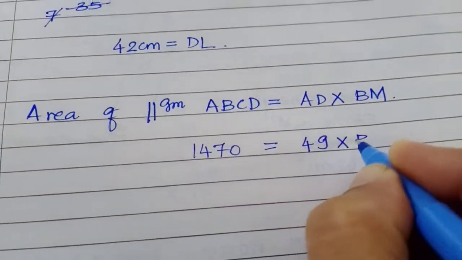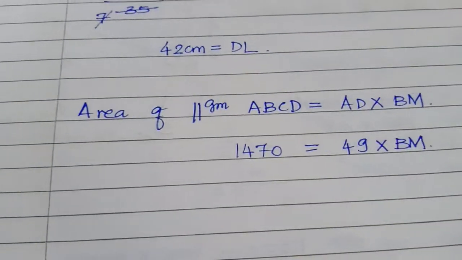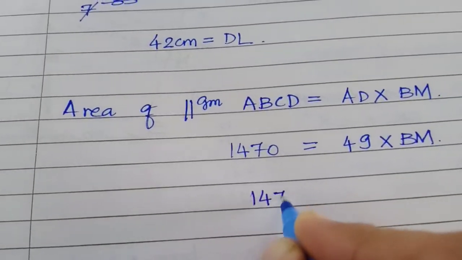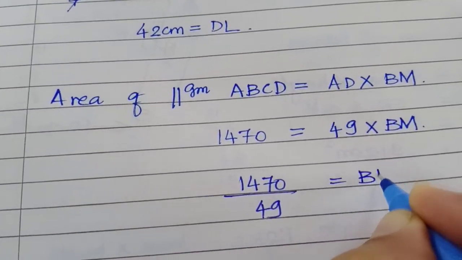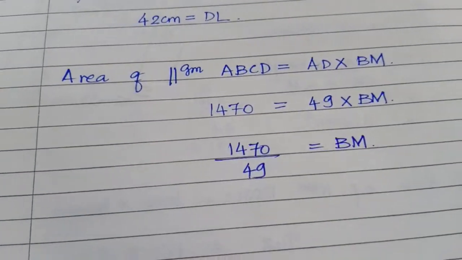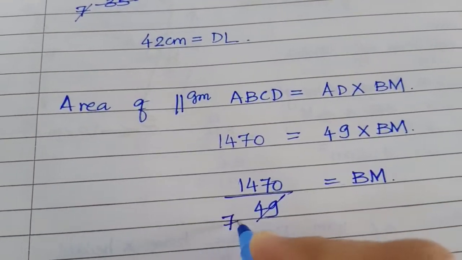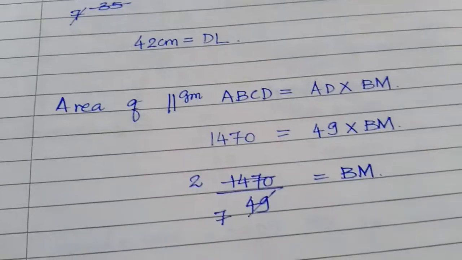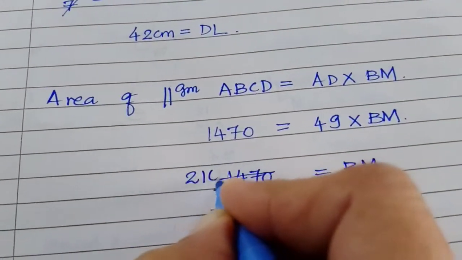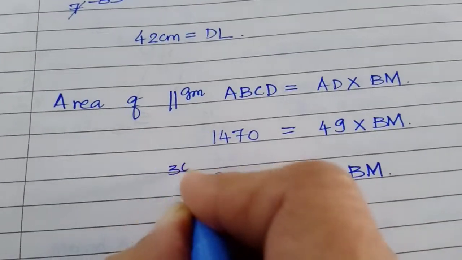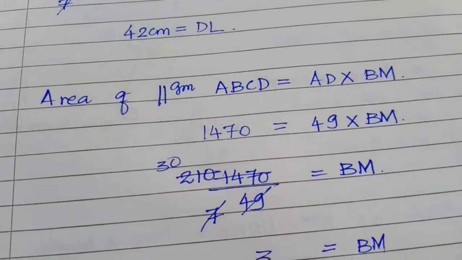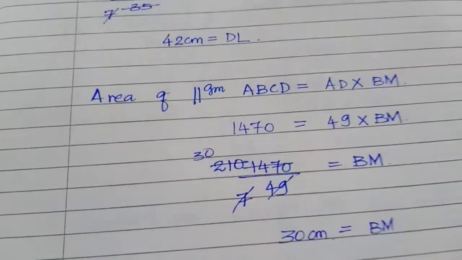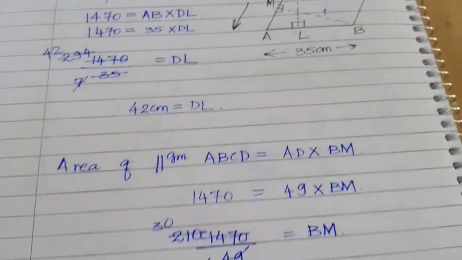We have to find out the altitude BM. So 1470 by 49 is equal to BM over here. So it goes with 7. 7 sevens are 49. 7 twos are 14. 1030. So BM is equal to 30 centimeter. So we have found out both the altitudes.